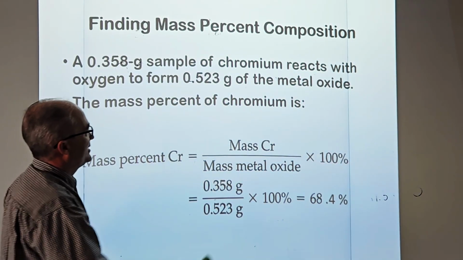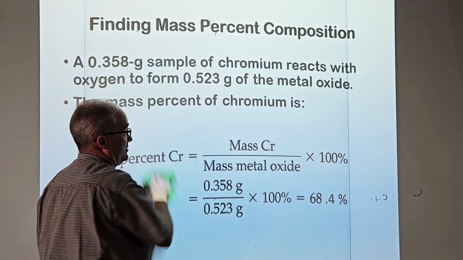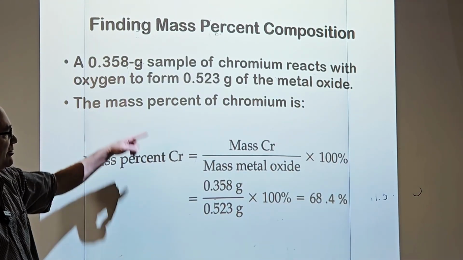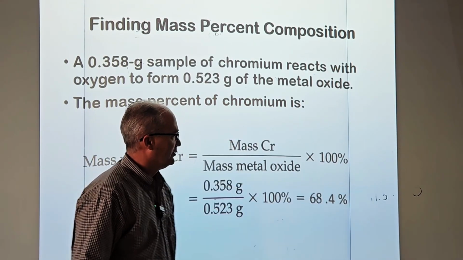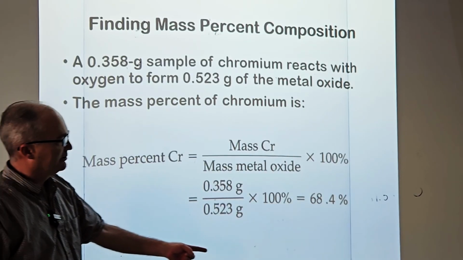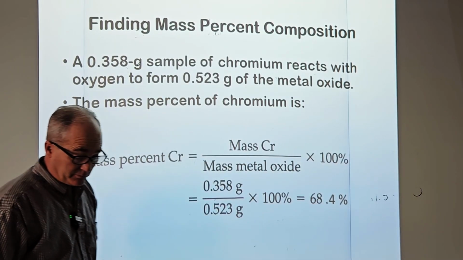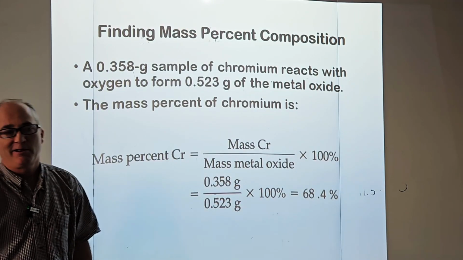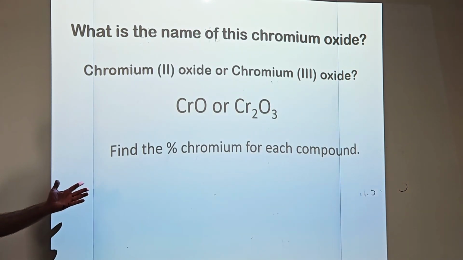So with the experimental data, we just use our definitions of what percent by mass means. We've got the mass of chromium, we've got the mass of the whole compound, put it in there, and we see that this equaled what we just calculated for chromium 3 oxide. Any questions on that?